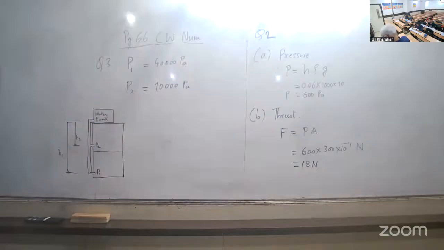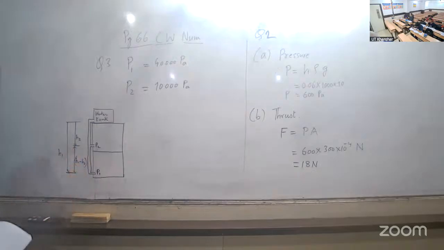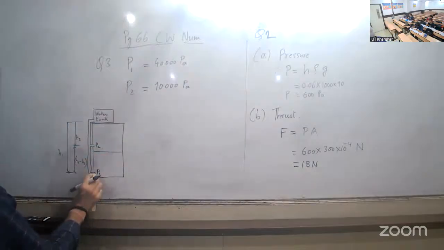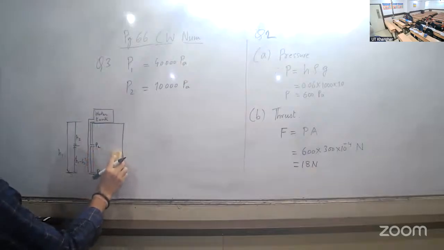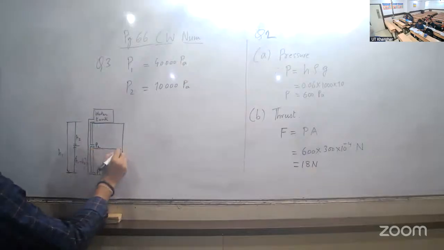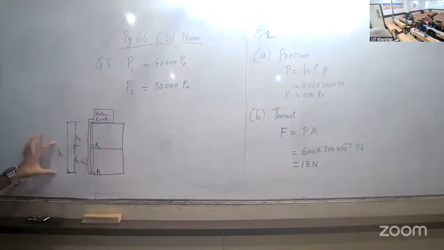What you have to calculate is the height of the first floor, hence you have to find this difference, h1 minus h2. Imagine the water is at the base. So h1 minus h2 is the height of the first floor.